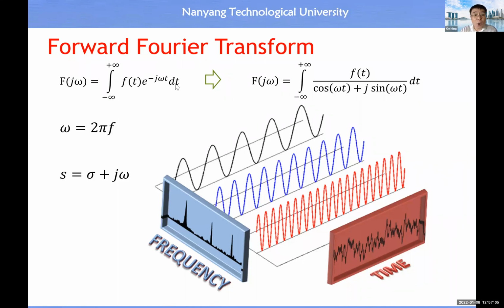So here you will see omega equals 2 pi f. For those of you who know control theory, you should know the Laplace transform. Actually, the Fourier transform is a special case of the Laplace transform. The Laplace transform uses the s variable, s equals sigma plus j omega. If you consider the situation when sigma equals 0, what does it mean?